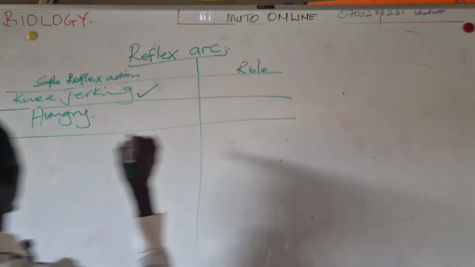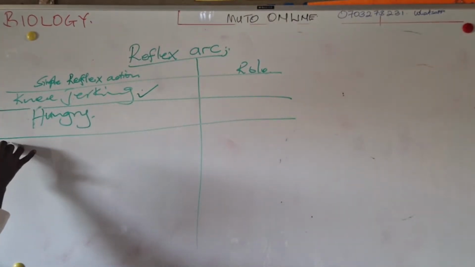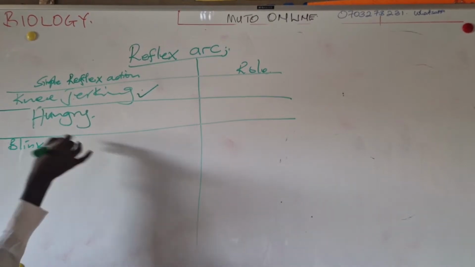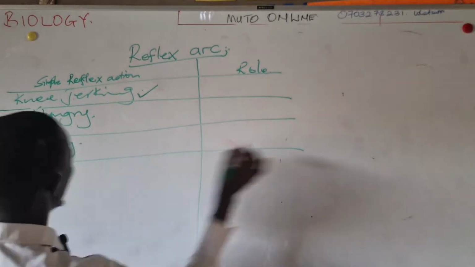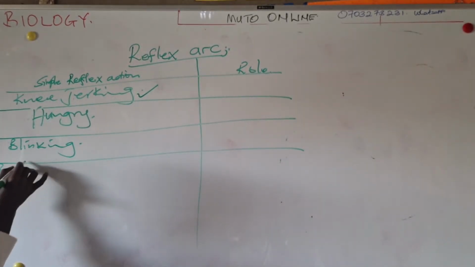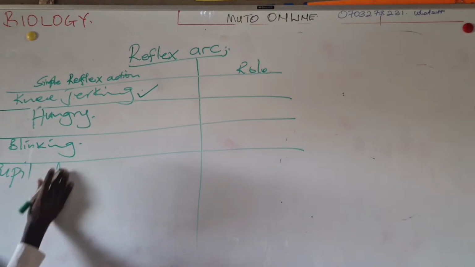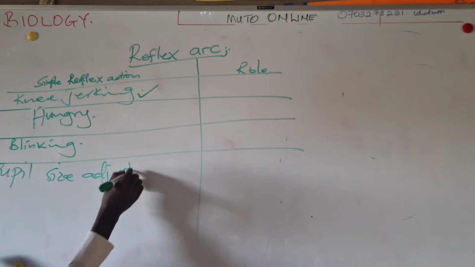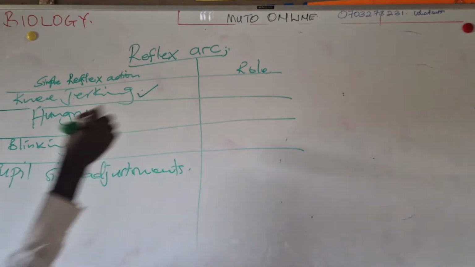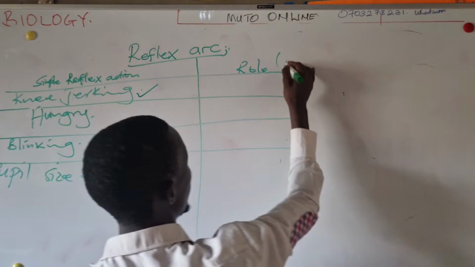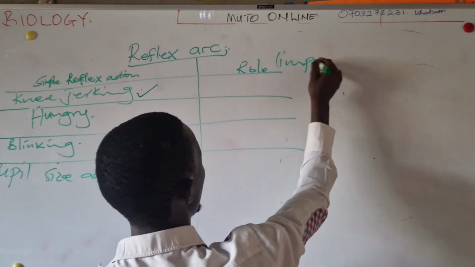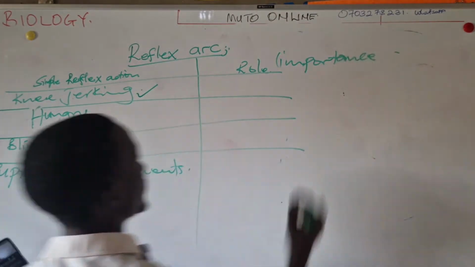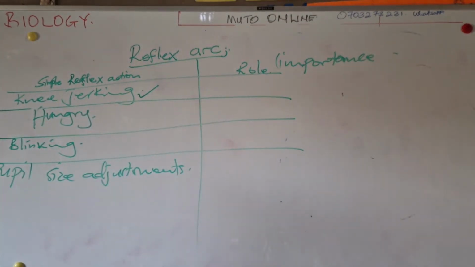Why should the eye blink? Why should the pupil adjust in size? The functions, the importance, to the survival of any organism. The importance of all these reflex actions.